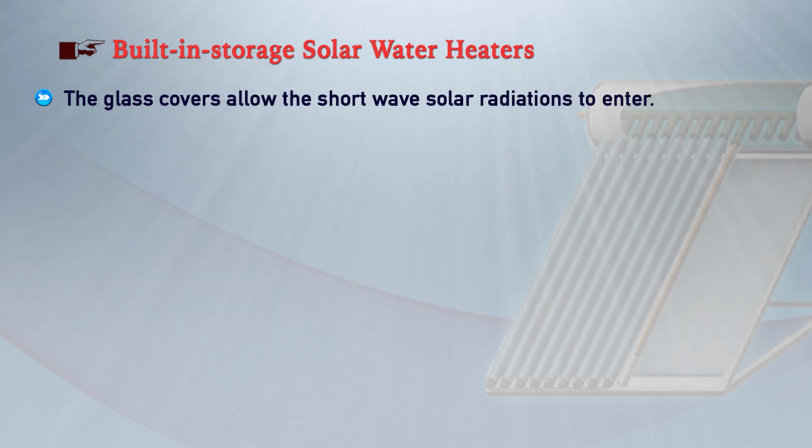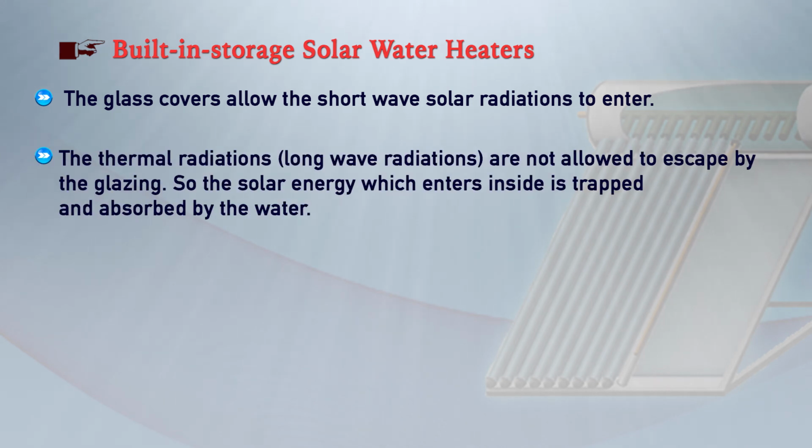The glass covers allow the short wave solar radiation to enter. The thermal radiation, basically a long wave radiation, is not allowed to escape by the glazing. So the solar energy which enters inside is trapped and absorbed by the water.